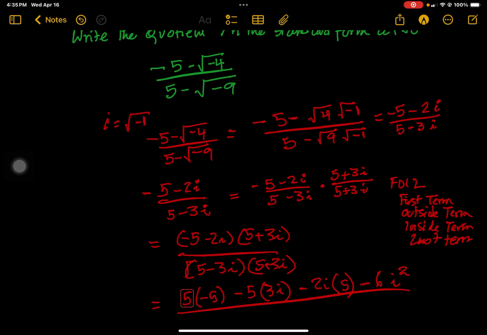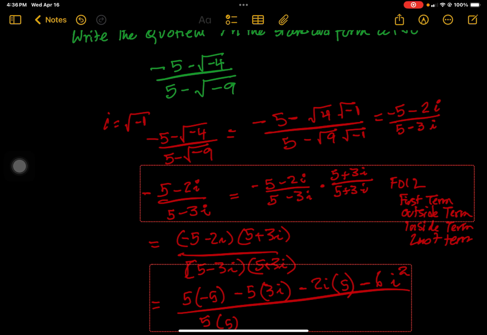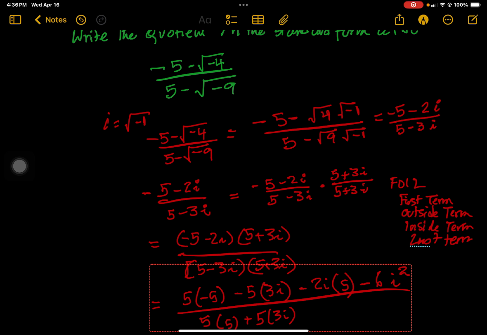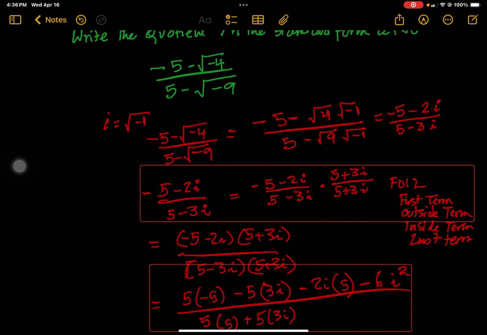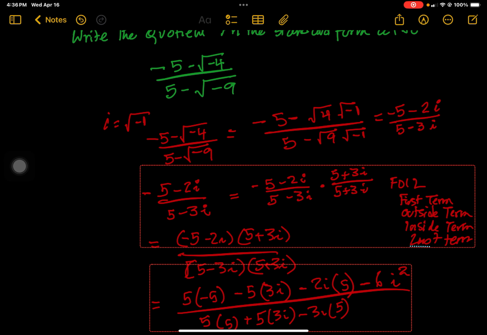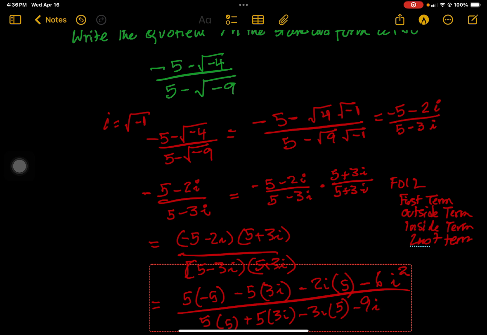That will be divided by the same FOILing in the denominator. First term 5 times 5, then the outside term plus 5 times 3i, then the inside term minus 3i times 5, and then the last terms multiplied together: minus times plus is minus, 3 times 3 is 9i squared.